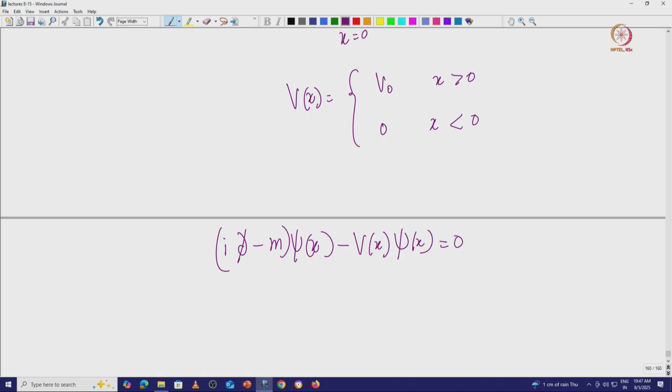Now the left hand side is the Dirac equation, and here I introduce the potential. At the equation level you don't really care about Lorentz invariance, so you just introduce it.